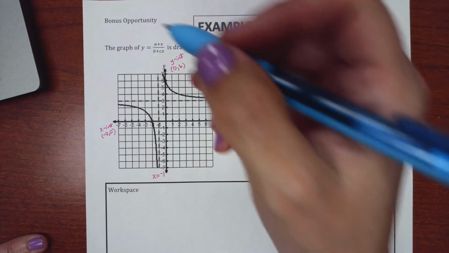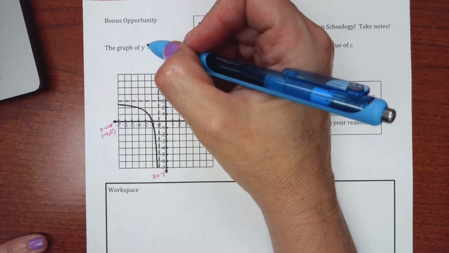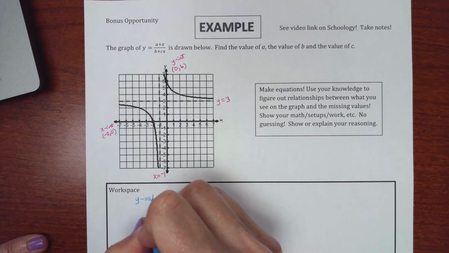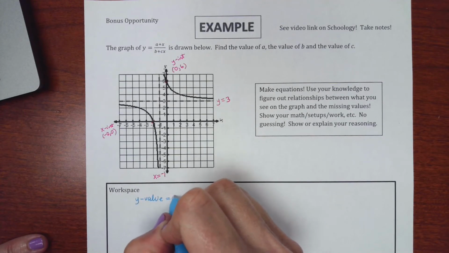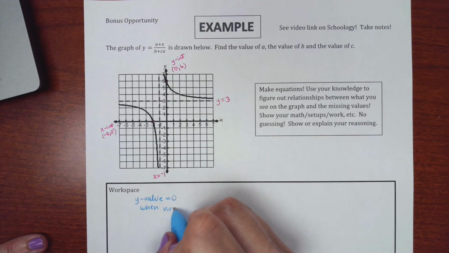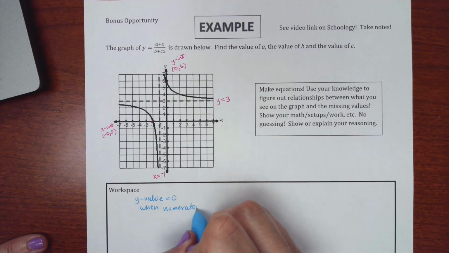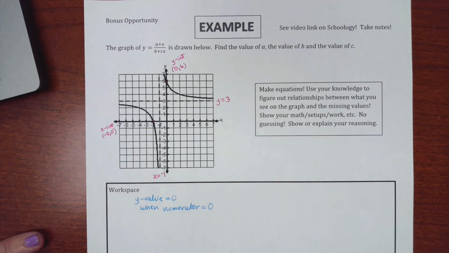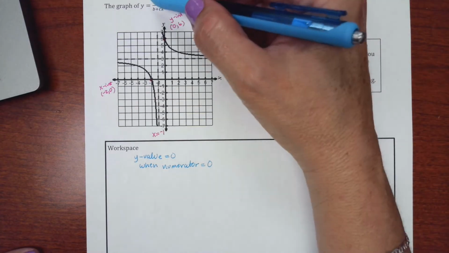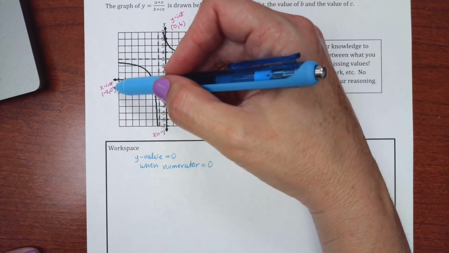That tells me when the y value is 0. So let's write that down. Y value equals 0 when the numerator equals 0. So that right there that we've learned in class, when y is equal to 0, that's my x-intercept.